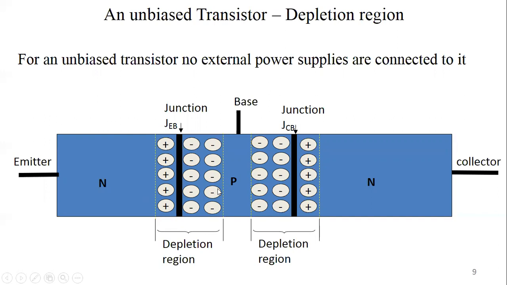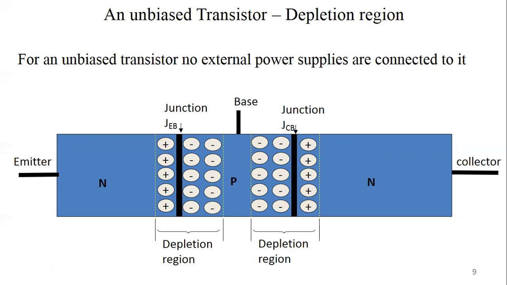In P type material, along this junction, we are going to have negatively charged electrons concentrated or accumulated along this region. While in the N region of the emitter and collector both, there are going to be positive holes accumulated along the junction. And this will form depletion regions.